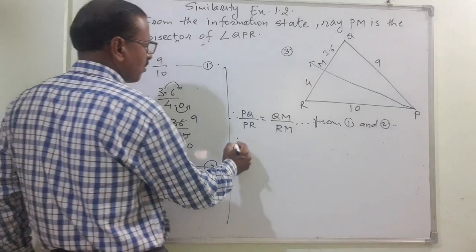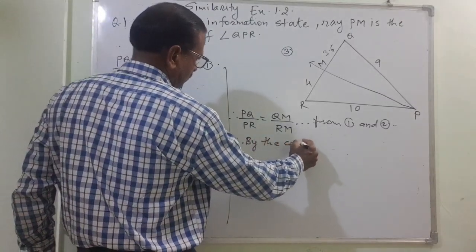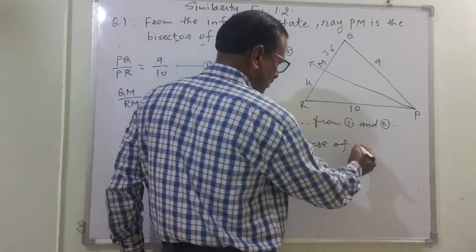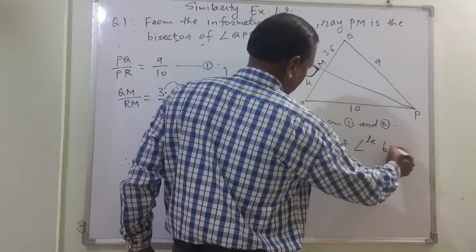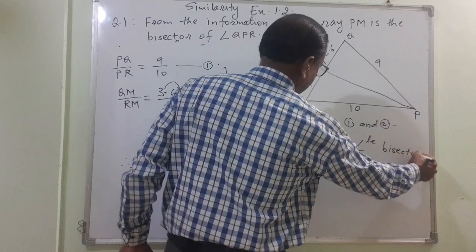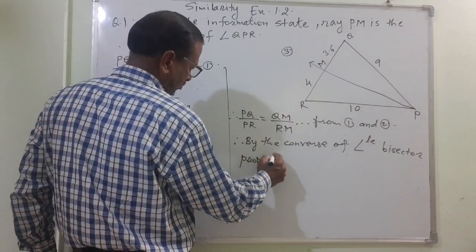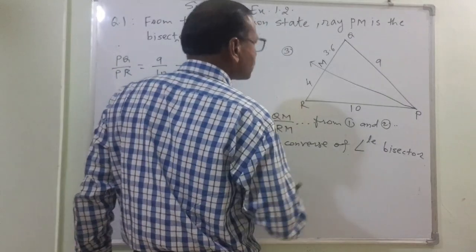So, therefore, by the converse of angle bisector property, so what will happen?